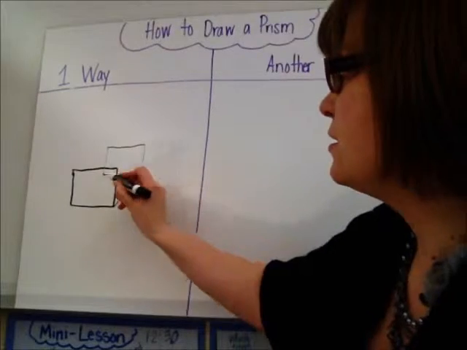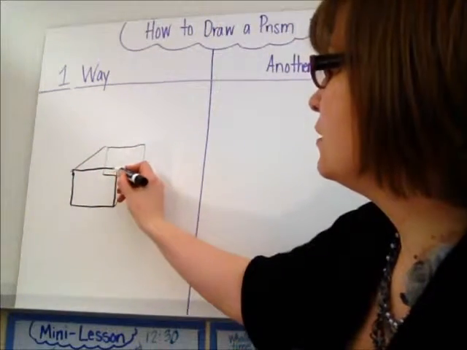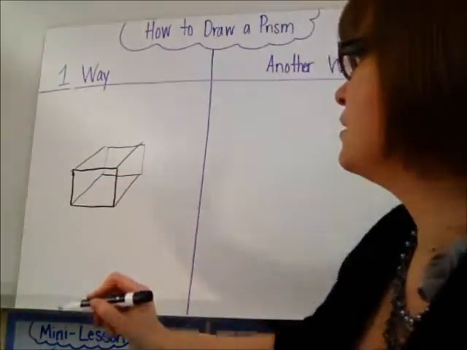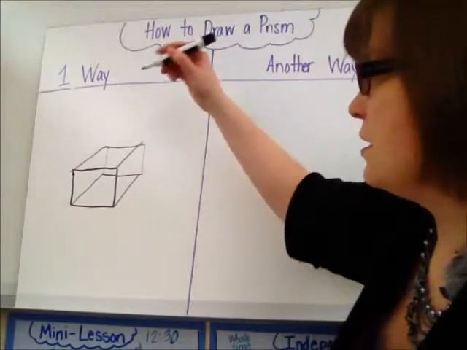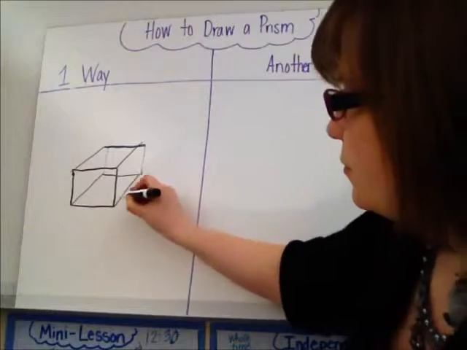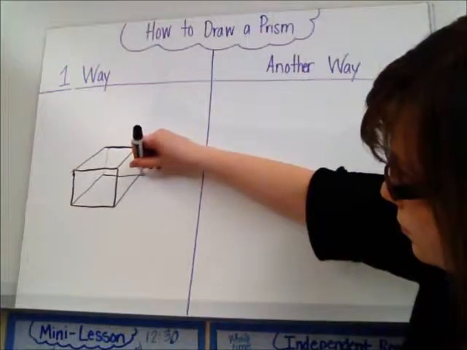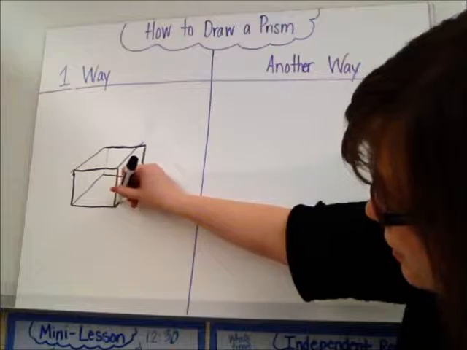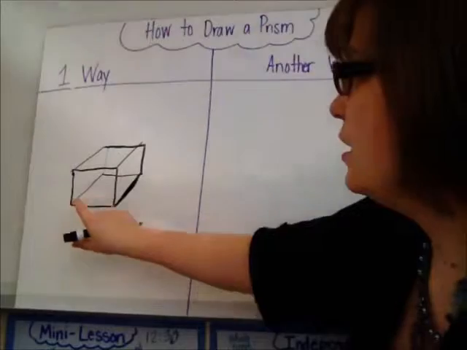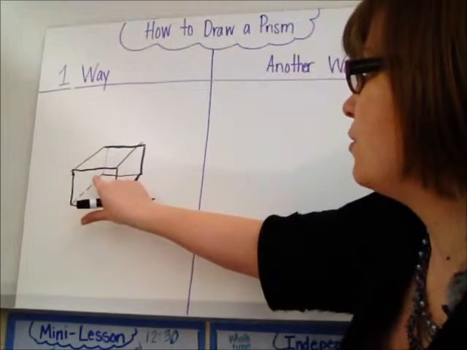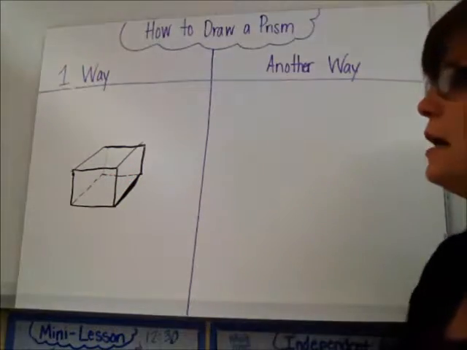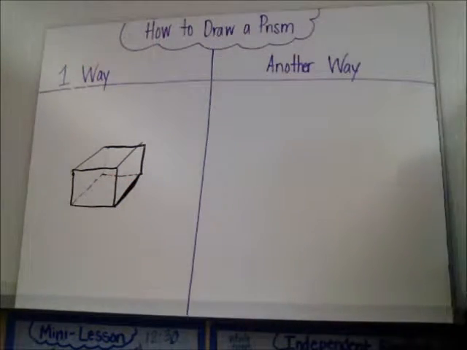Like that, like that, like that, and like that. Just trying to even that out a little bit. Okay, so you can see I would have these dotted lines because we can't really see them. Those are behind the prism, the sides that we can't see. All right, so that's one way.